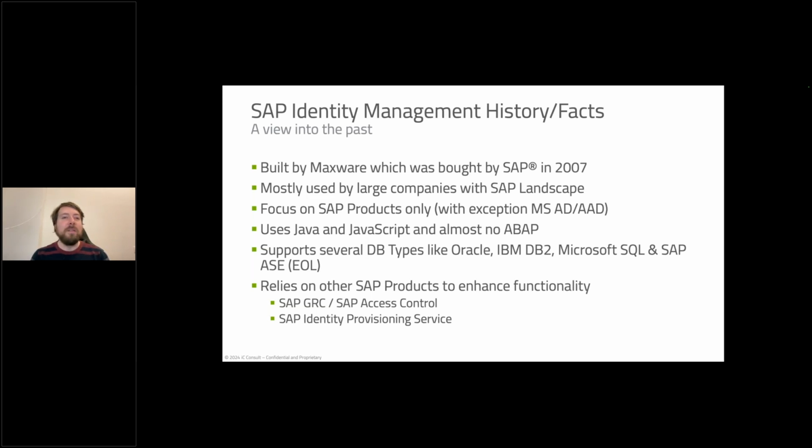The SAP landscape was pretty much core ABAP, R3 systems, later S4, but none of the bought products. But SAP IDM was one of the bought products. It was built by Maxware in Norway, then the whole company was bought by SAP, and the product was renamed SAP Identity Management.